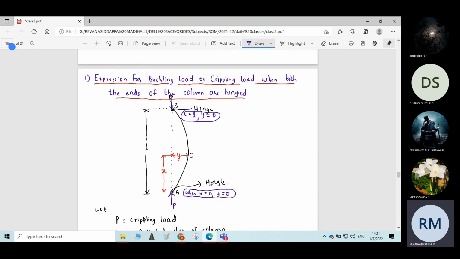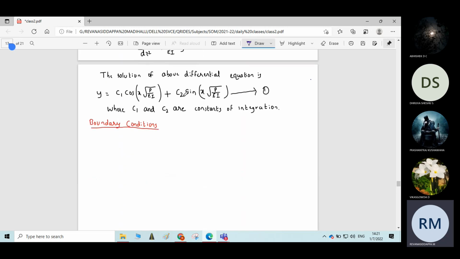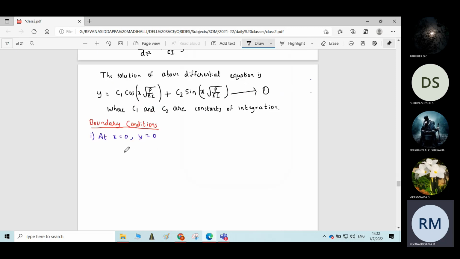We have to utilize these two boundary conditions to find the values of constants C1 and C2. Now I'll write the first boundary condition: at x equal to 0, y is equal to 0. Substitute x equal to 0 and y equal to 0 in equation 1.